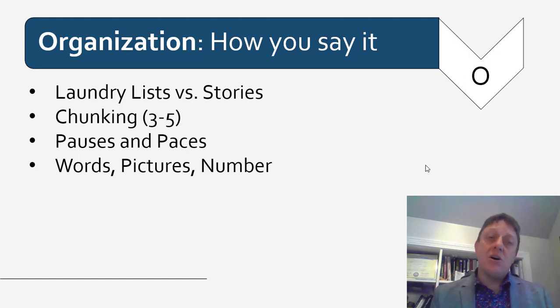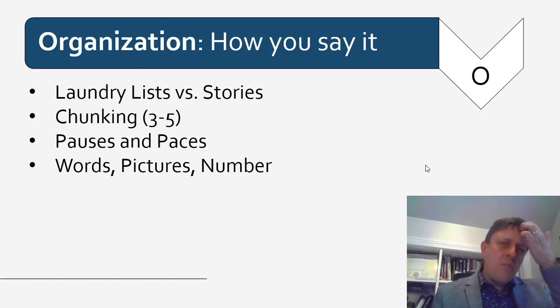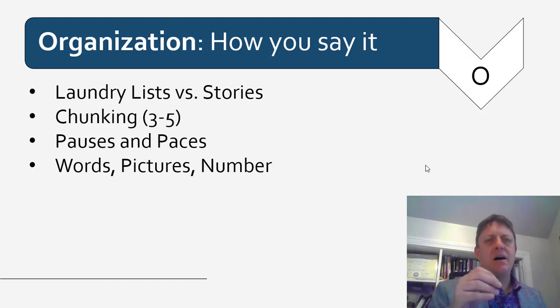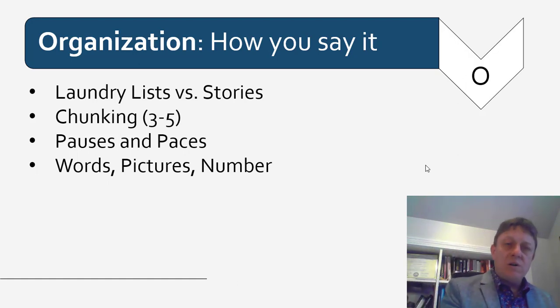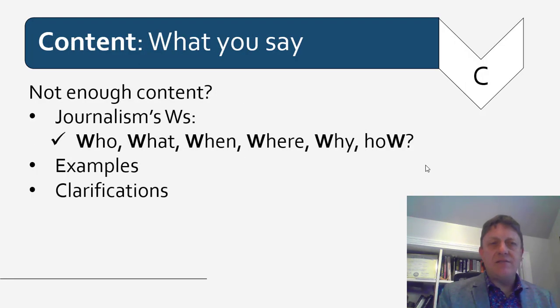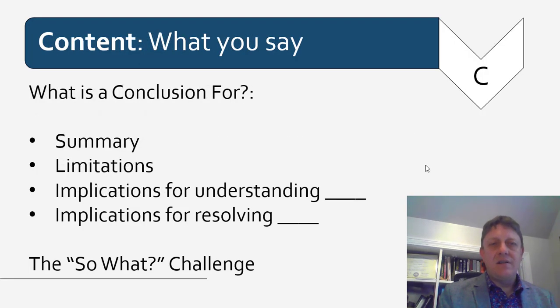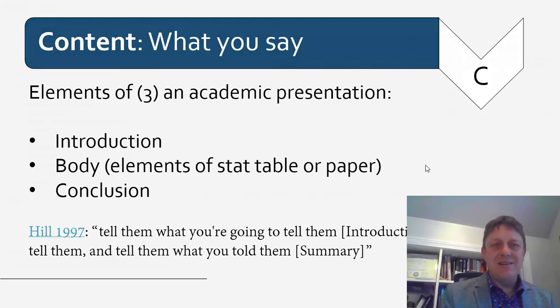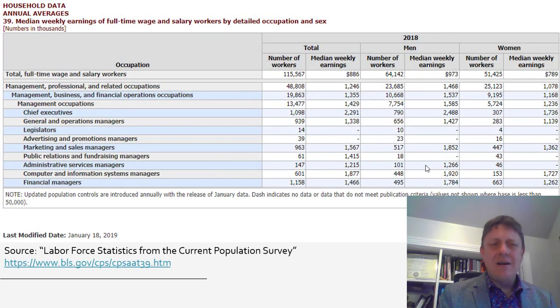And then also think about some way to spice up your presentation. You will be speaking words. People will be reading words. Occasionally, you will have tables of numbers like this.